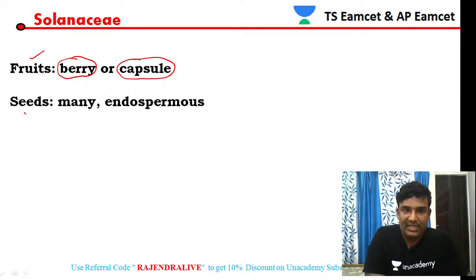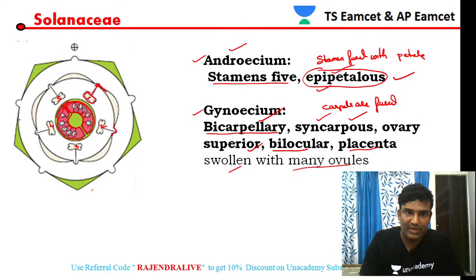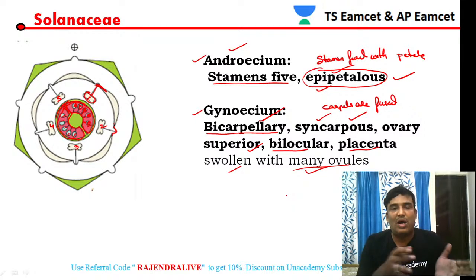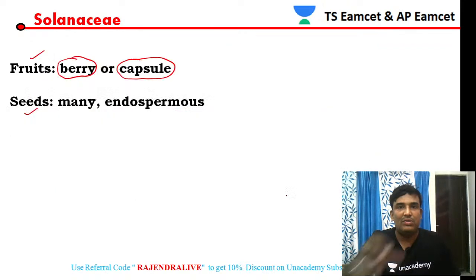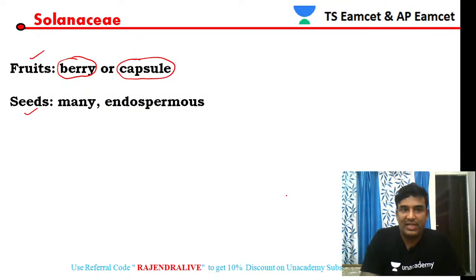Then if you see the seeds, we have seen in the previous diagram that there are several ovules present. After fertilization, these ovules are converted into seeds. That is the reason many seeds can be produced inside the fruit.